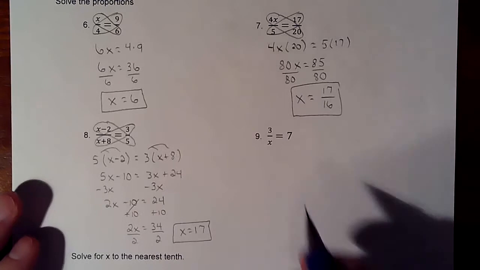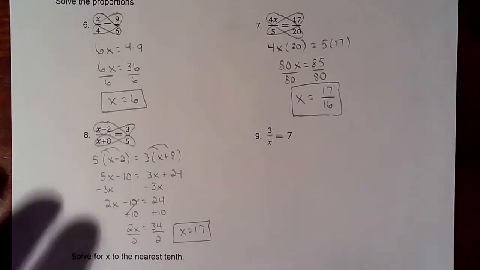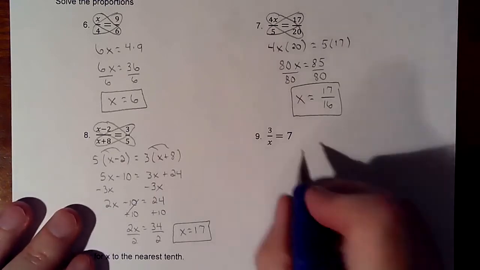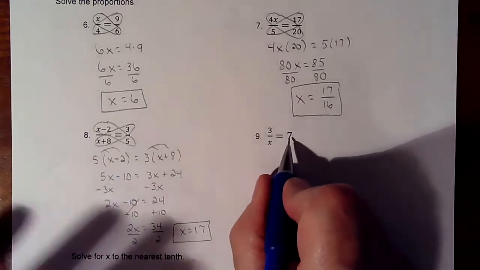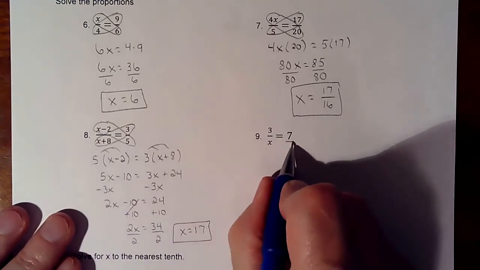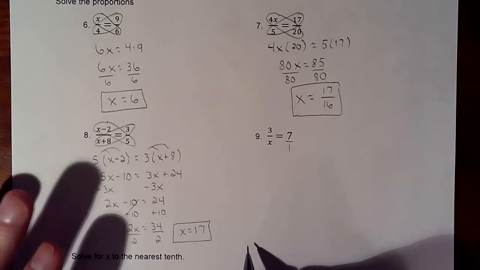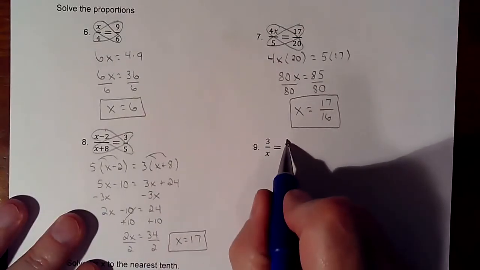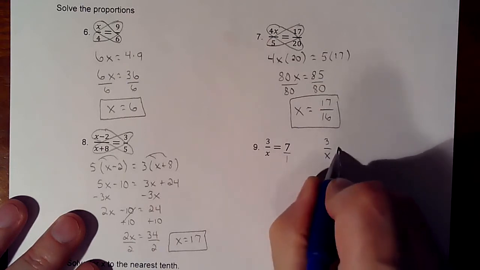All right, and then this one's a little bit weirder looking. It looks like you don't have a fraction equaling a fraction, but you do, because every single value, variable, or number can be a fraction just by putting a 1 under it. I didn't change anything, I just changed the look into a fraction. Let me rewrite it to line things up a little better.